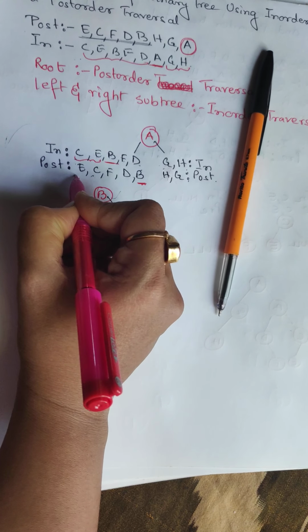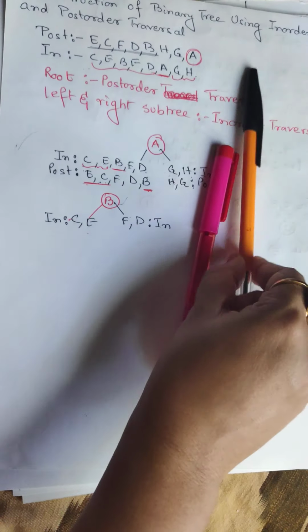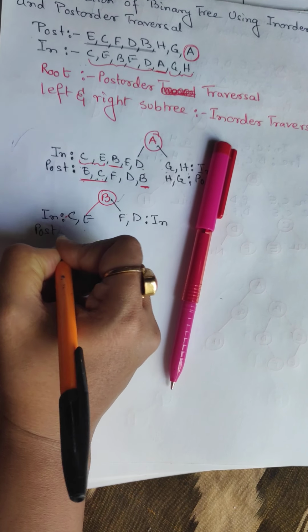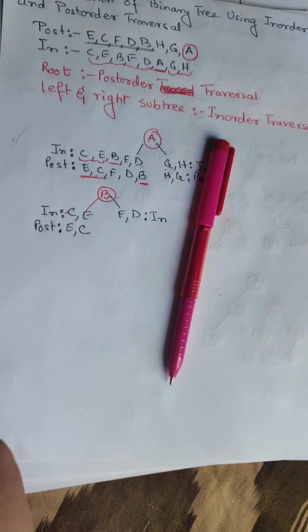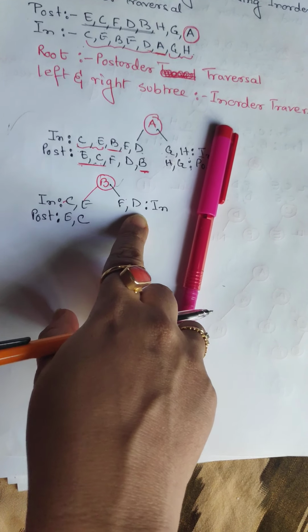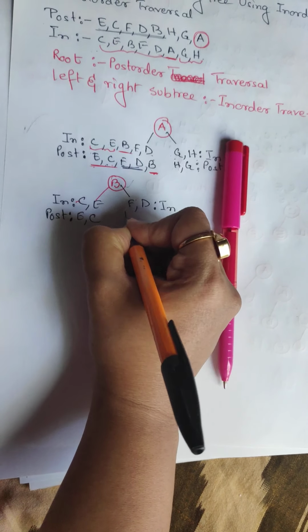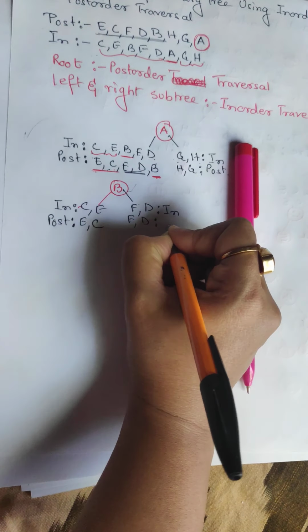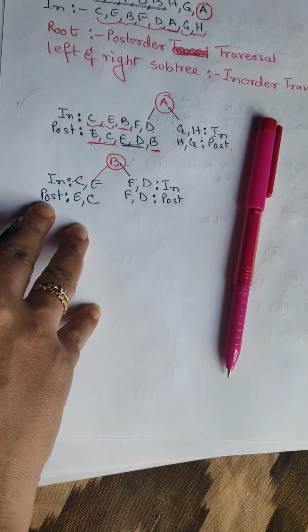You see the nodes appear over here, E comma C. So this is the post order traversal of the left subtree of B. F comma D, we get over here. So F comma D, this is the post order traversal of the right subtree of B.